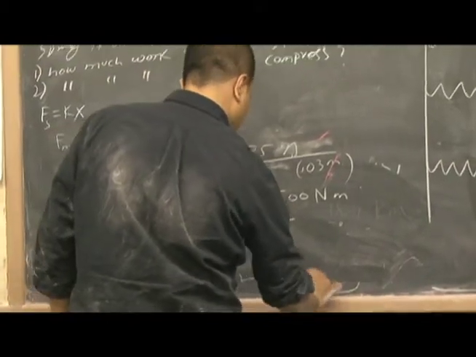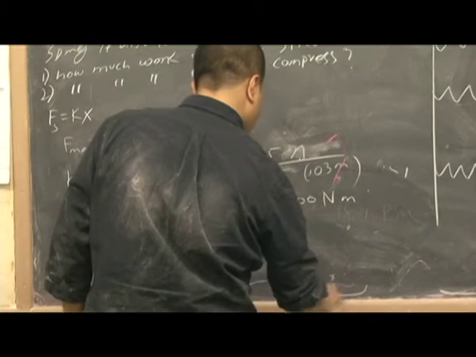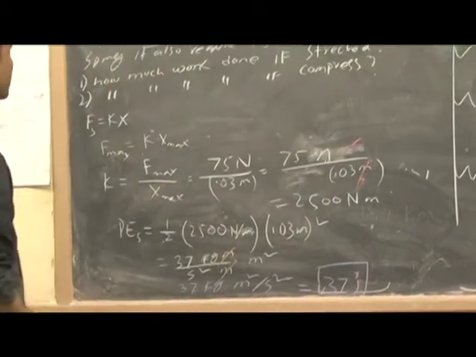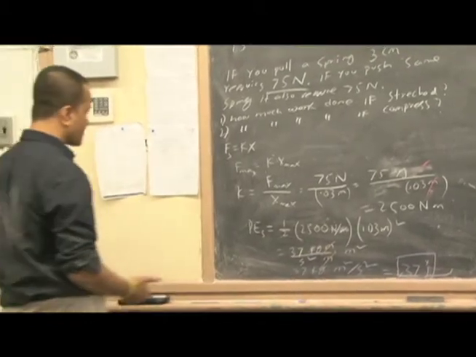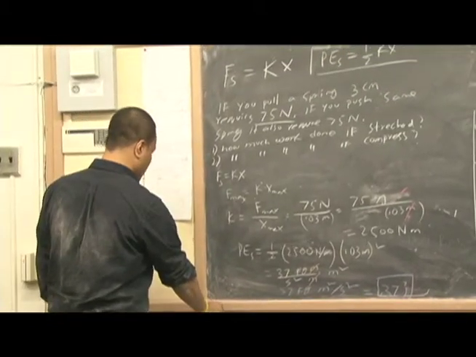Alright, so the potential energy is 37, actually 37 joule.